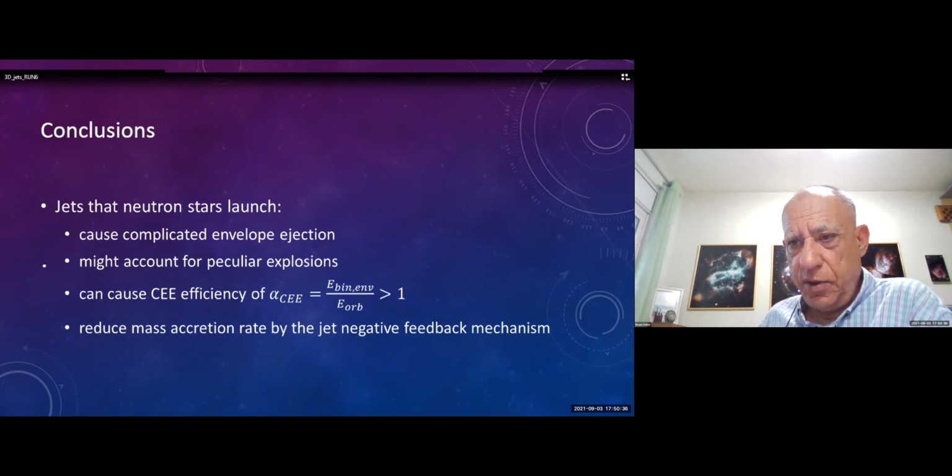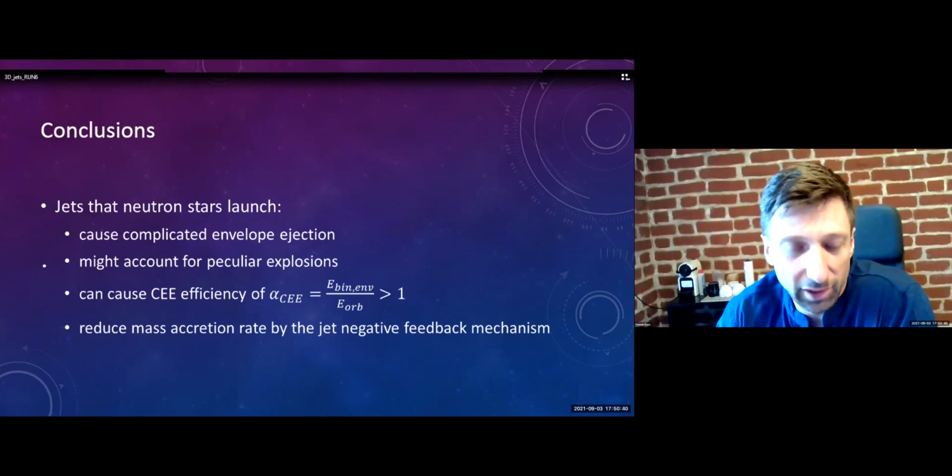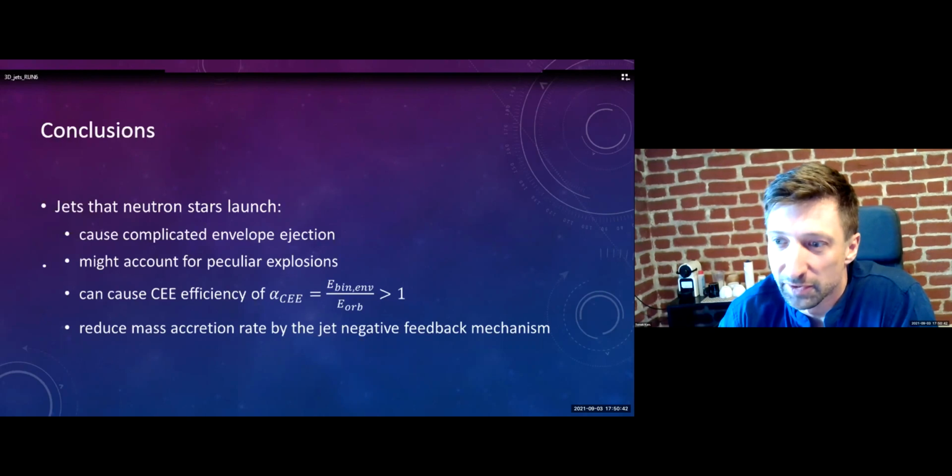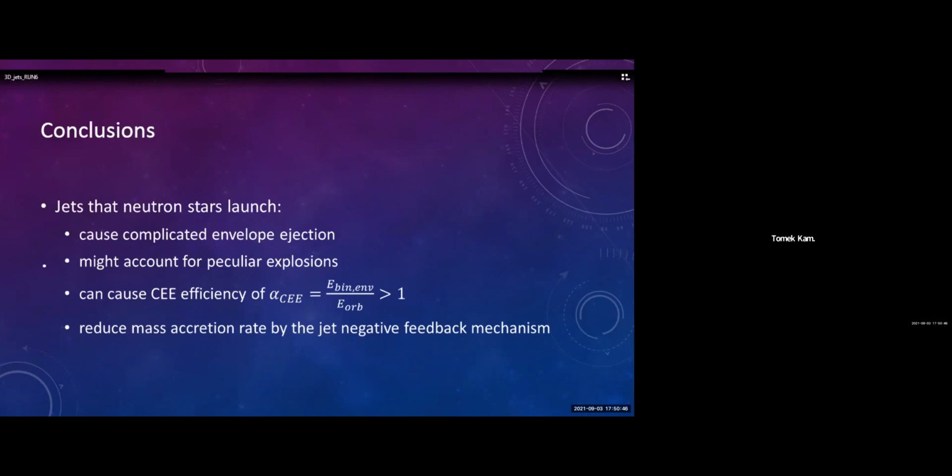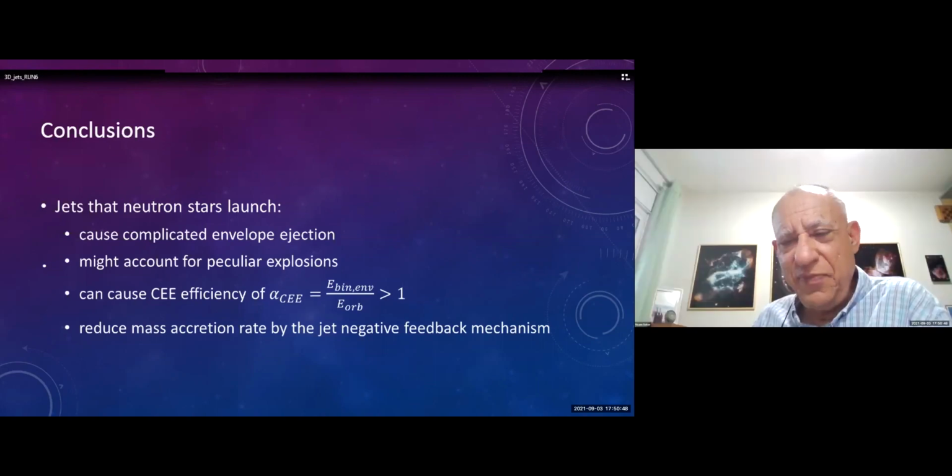Tomek, please. So if this model is correct, does it mean that Thorne-Zytkow objects do not exist? This is what we claimed in an earlier paper, that you cannot form such an object with a neutron star from outside.